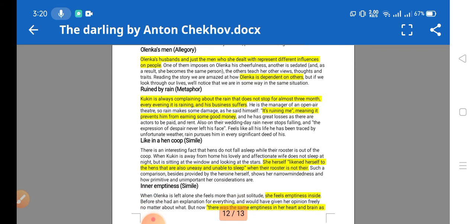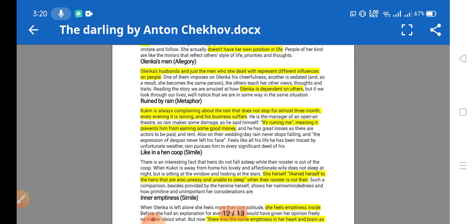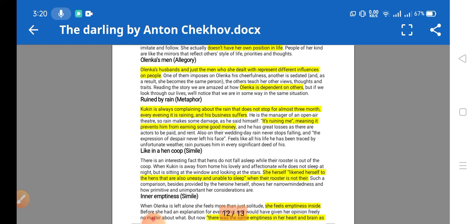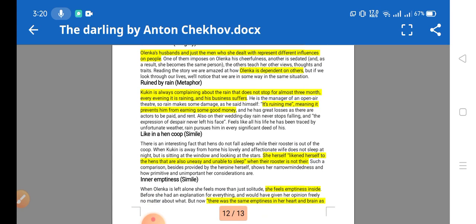And Olenka's men, allegory is used here. Olenka's husbands and the men she dealt with represent different influences of people. One imposed cheerfulness on Olenka, another sedated her, and others taught her other views, thoughts, and traits. And Olenka depends on them, on others.